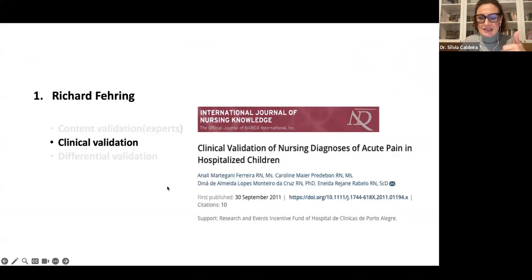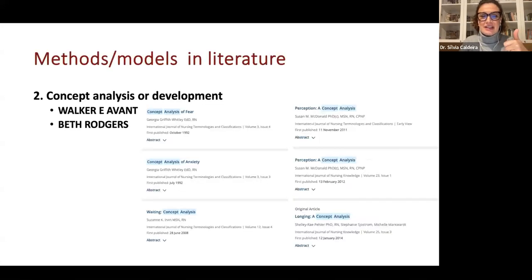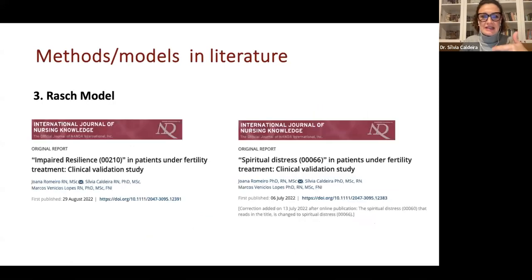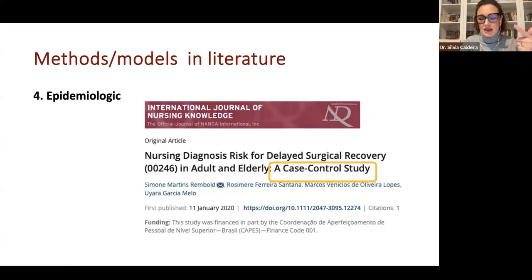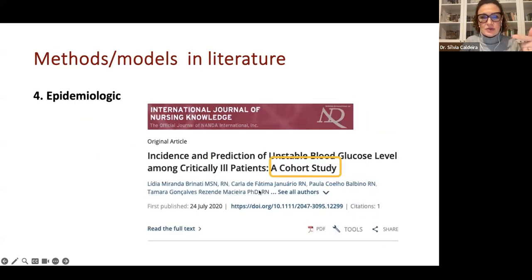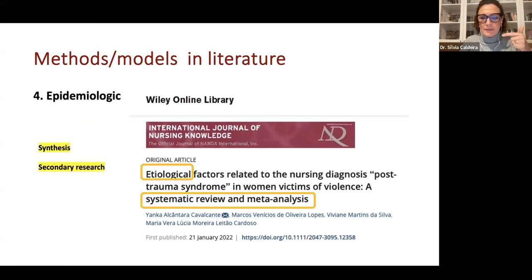We have different studies on clinical validation, differential validation, and concept analysis. We have the publication on the Rasch model. We have studies using epidemiologic research, whether predictive, case-control, cohort studies, prevalence or related factors, and systematic reviews and meta-analyses of etiological factors.